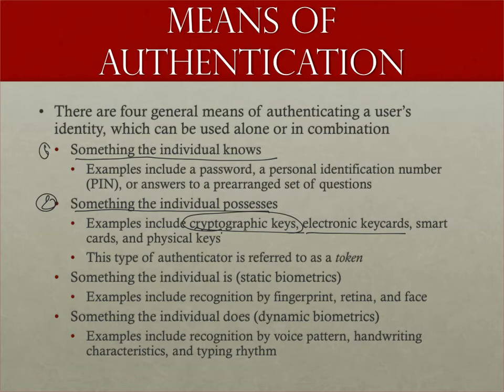This type of identifiers or credentials are called a token. So you have a token that is like a random number. The cryptographic key is a random number. The electronic key card is a random number. Any kind of number combination that you don't have to memorize, but you just get it somewhere, somehow, using a physical device.